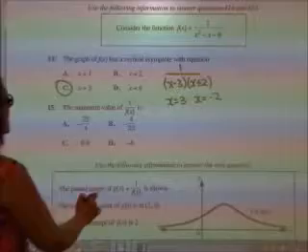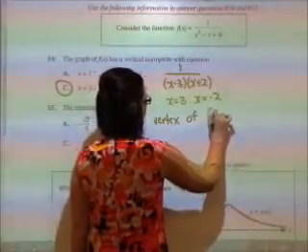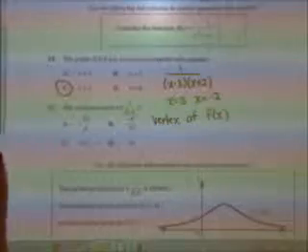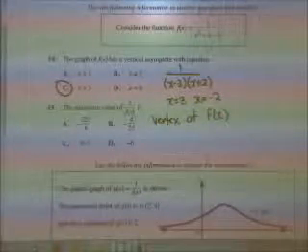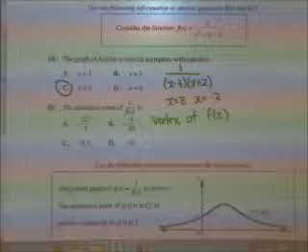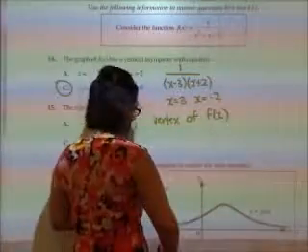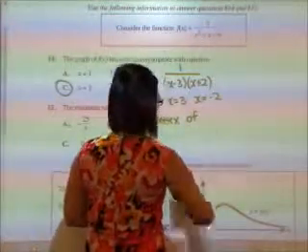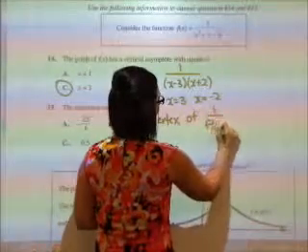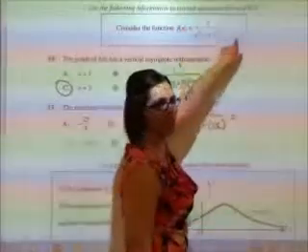To find this one out, I need to find the vertex of f of x, or actually I could find the vertex of f of x or the vertex of 1 over f of x, which would be the reciprocal of this. And what's the reciprocal of this?